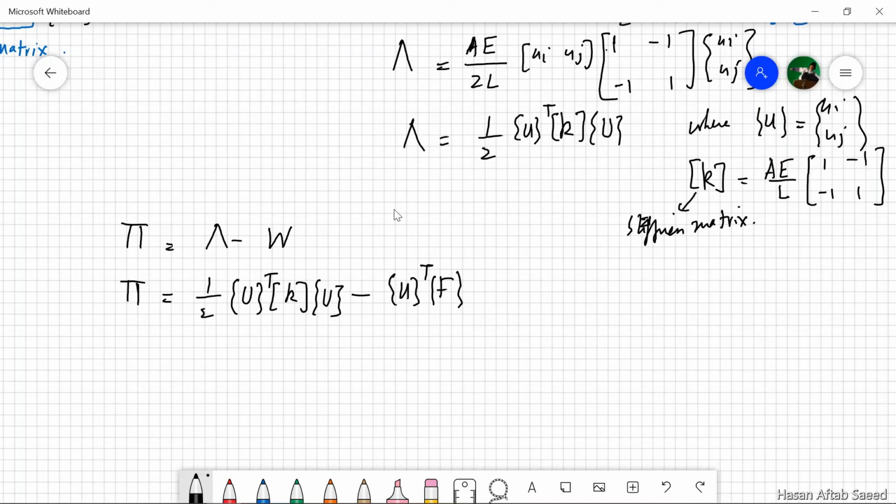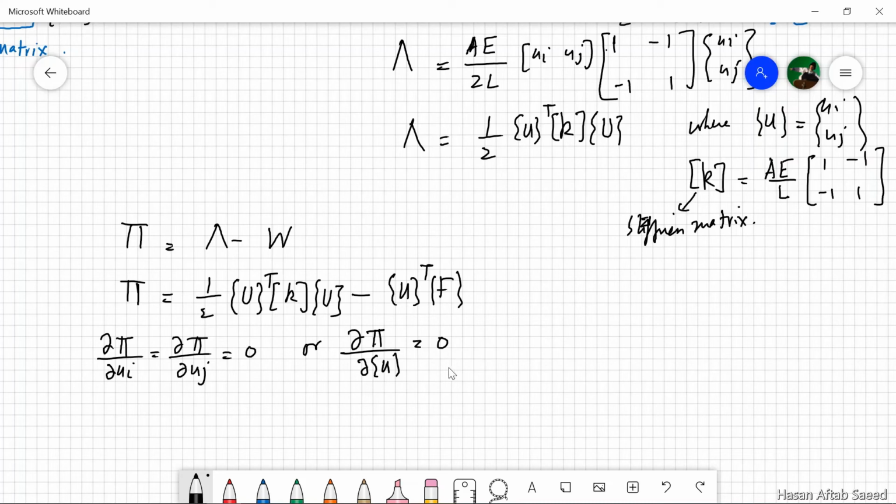Now for the system to come to an equilibrium, the potential energy needs to be minimized. This means that we need to differentiate it with respect to the degrees of freedom. In this case, there are 2 degrees of freedom. So we have to differentiate it with respect to both degrees of freedom, or we can write the same thing as this, and we have to put it equal to 0. That will give us the minimum value.